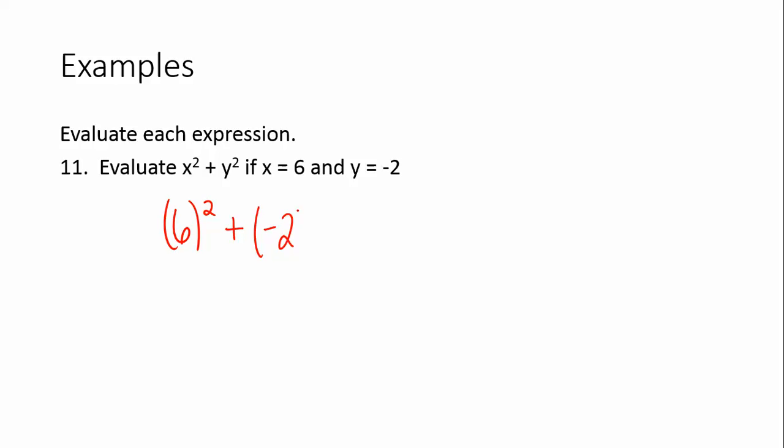So then -2, substituting in for y, also squared. 6 squared is 6 times 6, that's 36. Plus -2 squared, that's -2 times -2, which is a +4. 36 plus 4 is 40. So evaluating x squared plus y squared if x equals 6 and y equals -2 gives us 40.